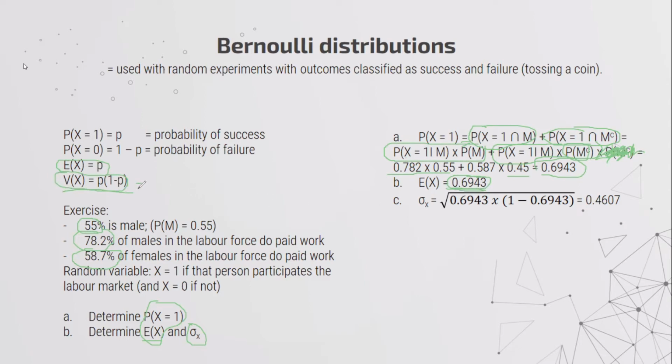And we just take 0.69 times 1 minus 0.69. That will be the variance. And the standard deviation is the square root of the variance, which is that number here.